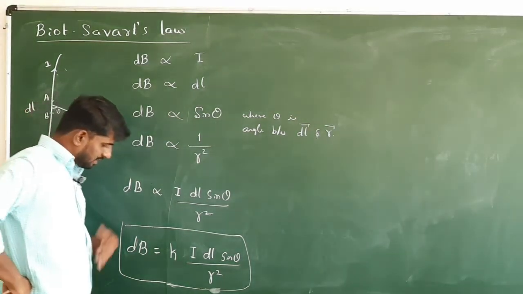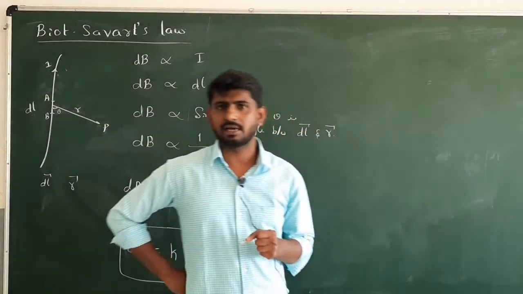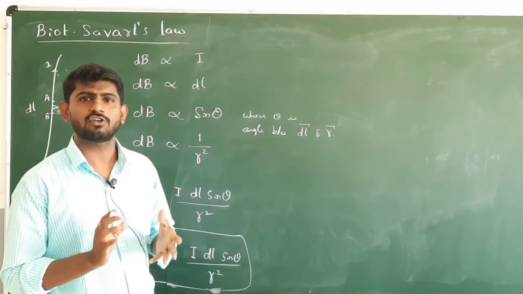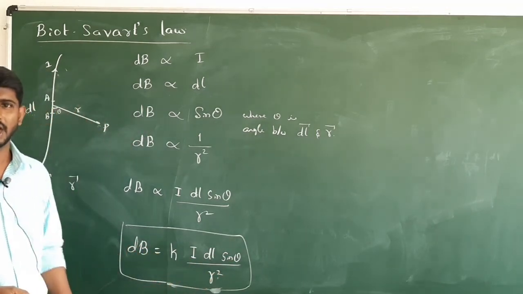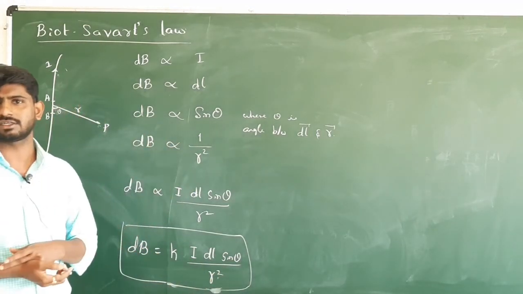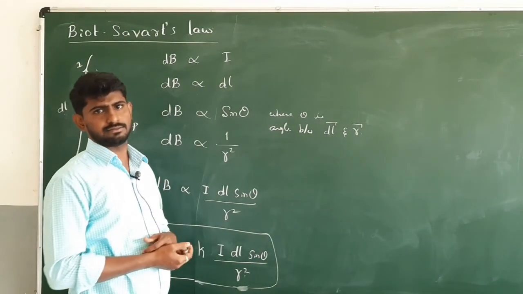Okay. And Biot-Savart also found that the magnetic field due to the current element is not only depending on I dl sin theta and r square, it also depends on one more important factor. That is the medium.